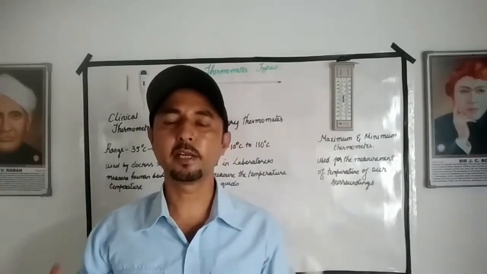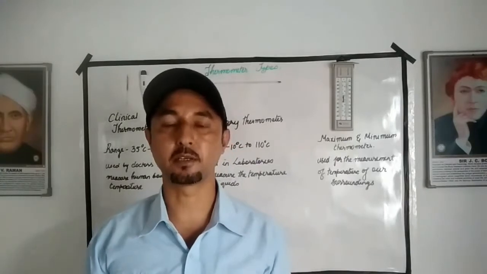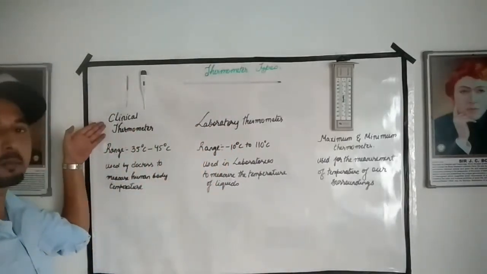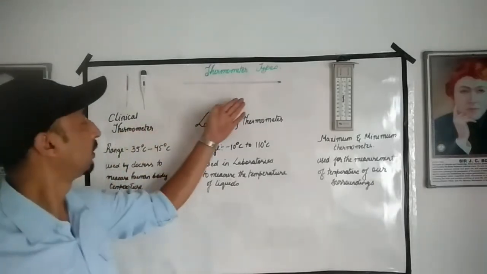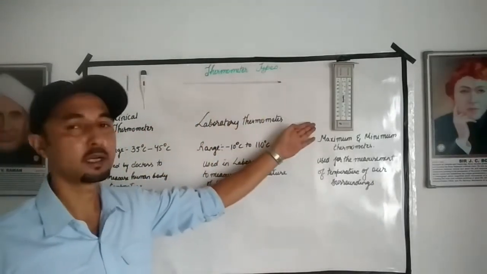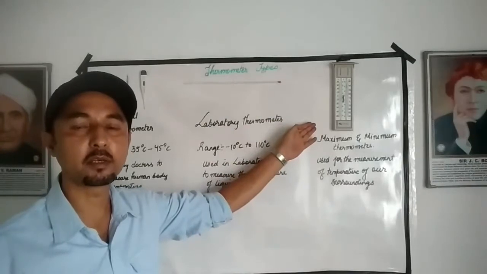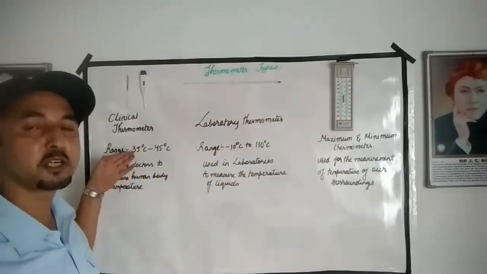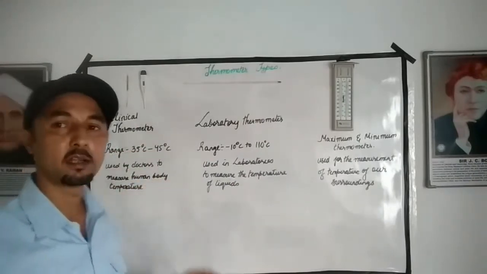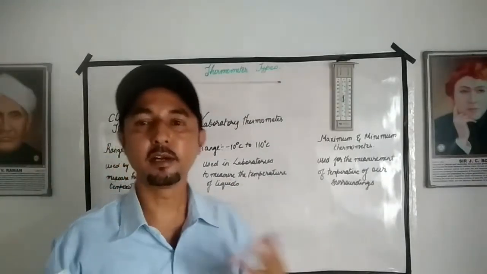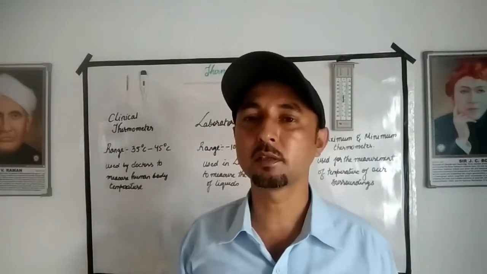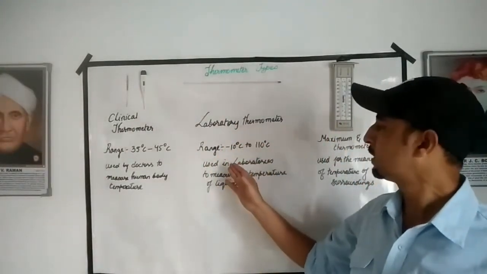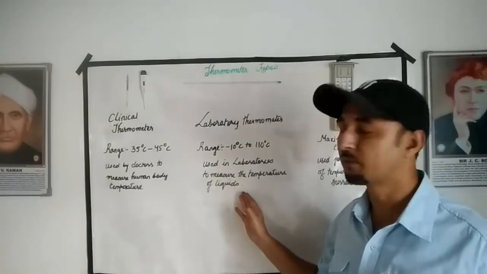There are three types of thermometers. Clinical thermometer, laboratory thermometer and maximum and minimum thermometer. While clinical thermometers are used to measure the temperature of the human body and are used by doctors and nurses in the hospitals, laboratory thermometer is used to measure the temperature of liquids.